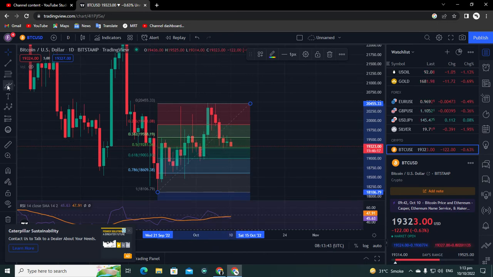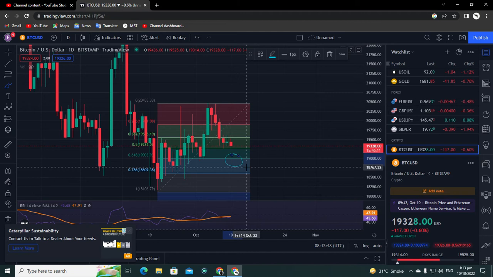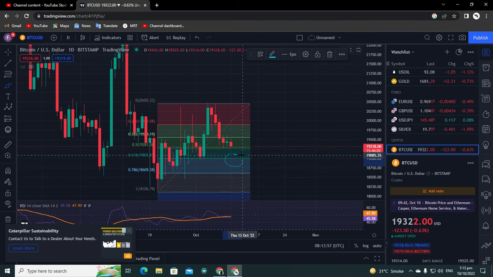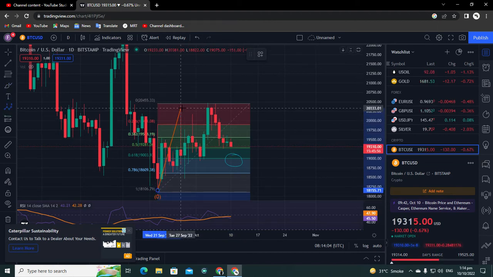So if we find a pattern like this, we will take the entry at this point, but we will wait for a confirmation: after touching this line, if the line stays up and does not break down, then we will take an entry. And after taking the entry, we will draw an Elliott wave pattern from here, here, here, here, here.